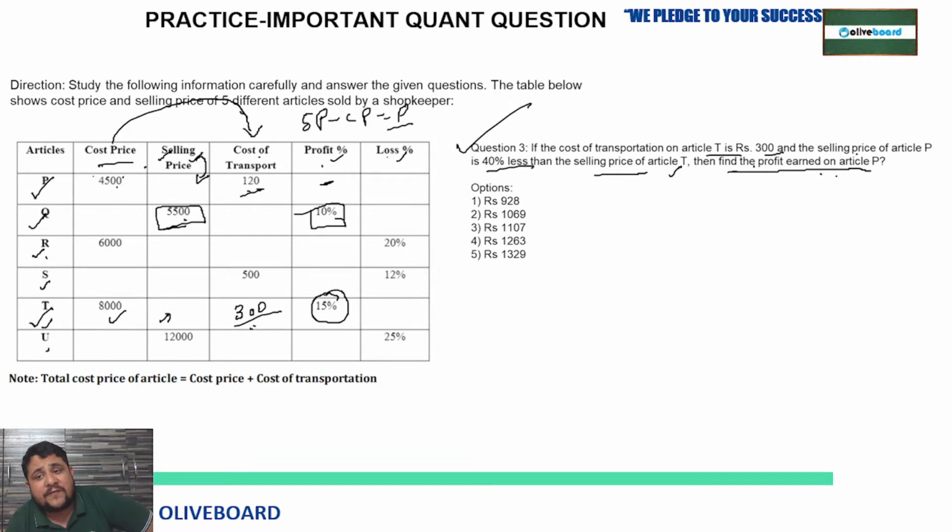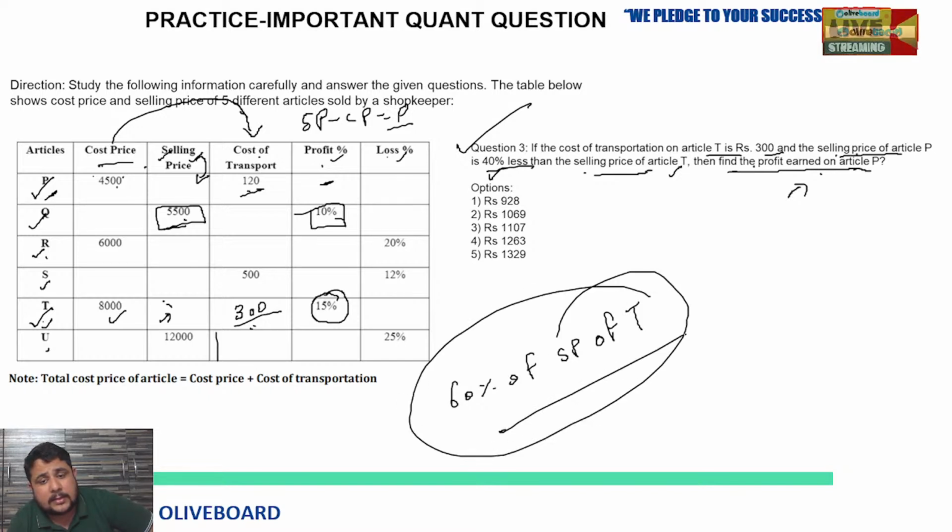Then find the profit earned on article P. You need to calculate the profit on article P, but what is given? The selling price of article P is 40% less than the selling price of article T. So if you know the selling price of article T, the selling price of article P is 40% less than that. 40% less than the article T selling price means 60% of the selling price of article T. Clear?